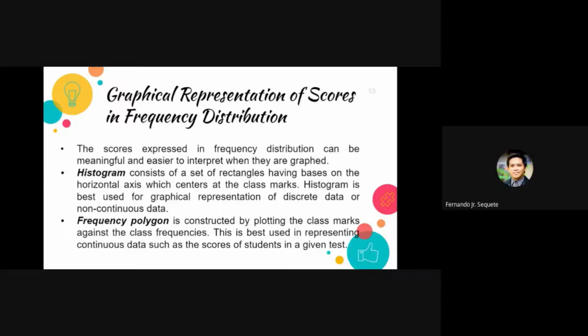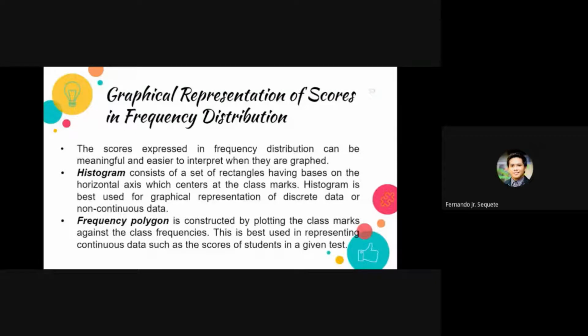The other one is the frequency polygon. It is constructed by plotting the class marks against the class frequencies. Please take note that for the frequency polygon, this is between class marks and the class frequency. The class frequency is denoted by the small letter f.